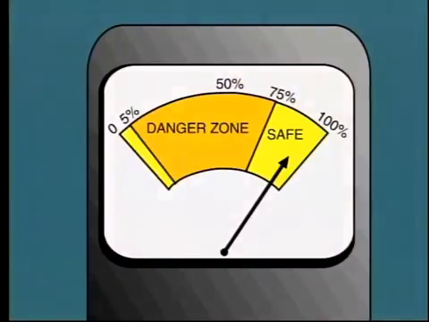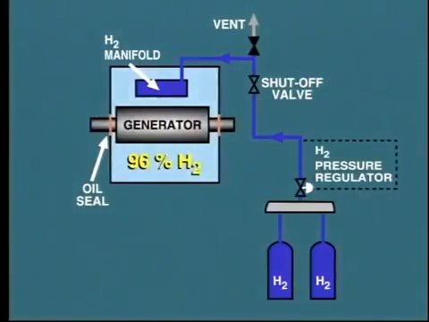Well, the fact is, each bottle of hydrogen does contain perhaps a minute quantity of air, and this eventually accumulates inside the generator. I'm sure that those of you who already operate hydrogen-cooled generators know that with time, the purity does begin to fall. In order to raise the level of hydrogen purity, it is necessary to purge the generator.